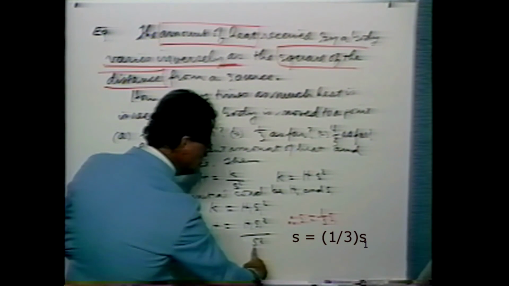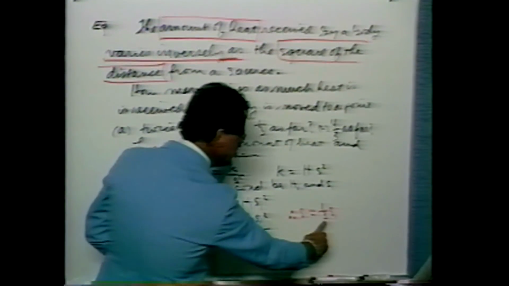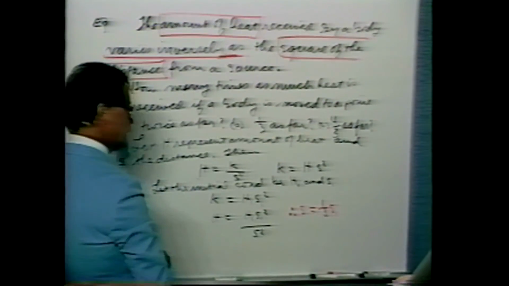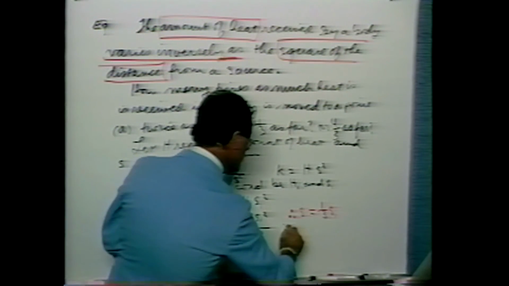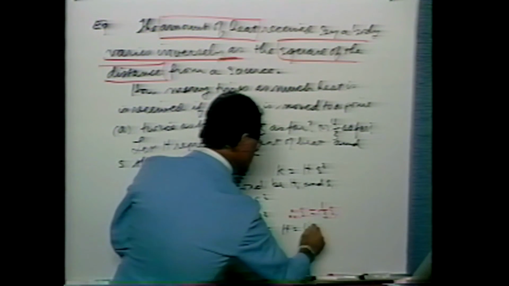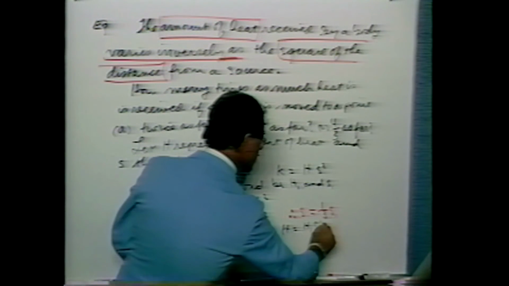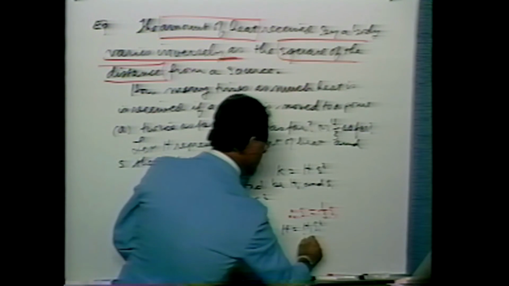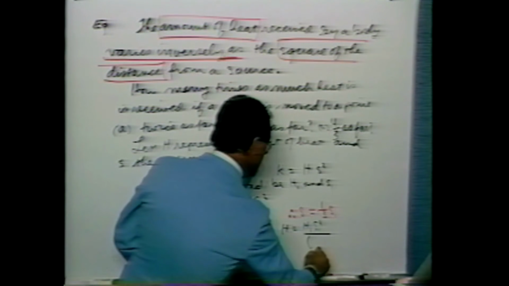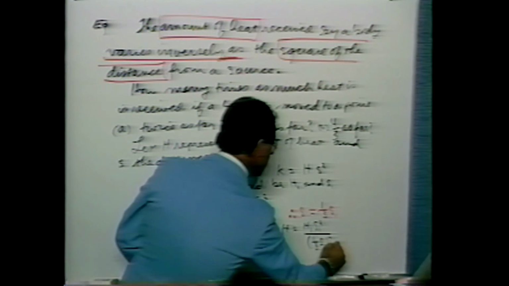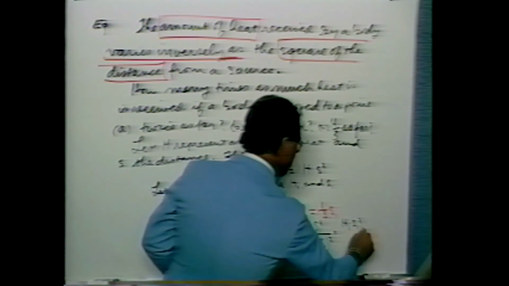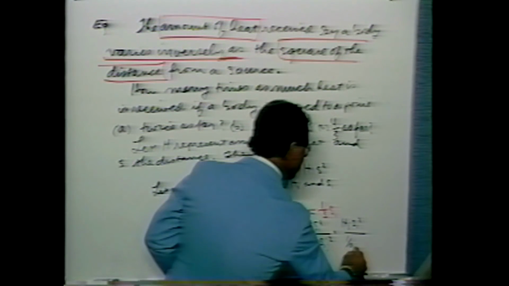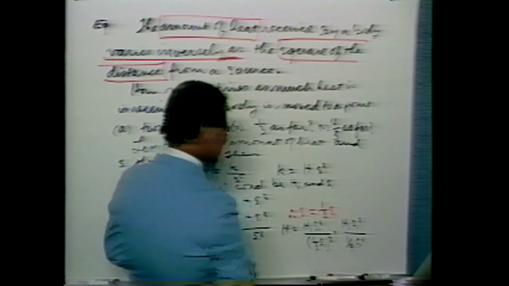In other words, S, the new condition, is replaced by 1/3 the old condition, or the initial ones. We therefore write that H is equal to H1 S1 squared, that's the constant of proportionality, over 1/3 S1 quantity squared. That amounts to H1 S1 squared over 1/9 S1 squared.